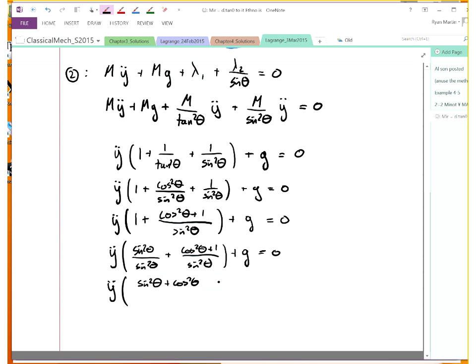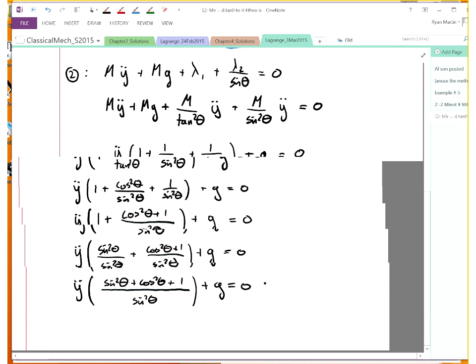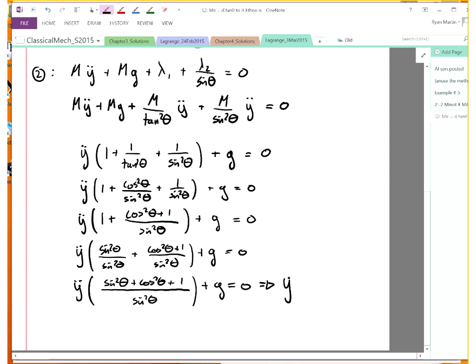And y double dot, and now I have sine squared theta plus cos squared theta plus 1, all over sine squared theta, plus g equals 0. I have sine squared theta plus cos squared theta now in the numerator, and that's 1, right? So this all becomes y double dot times 2 over sine squared theta plus g equals 0.